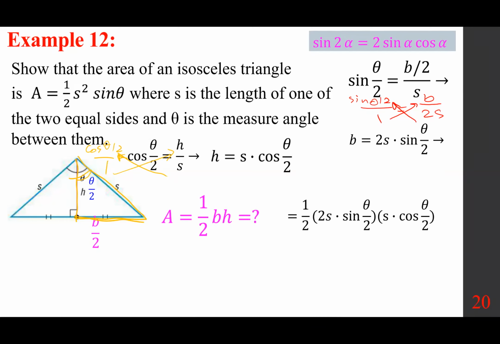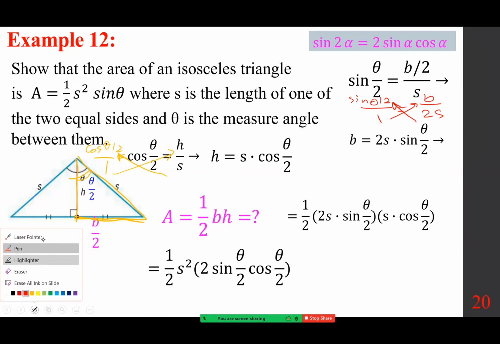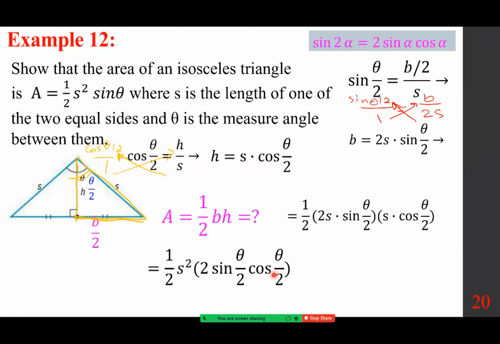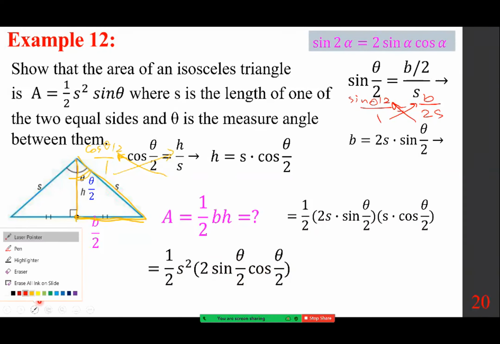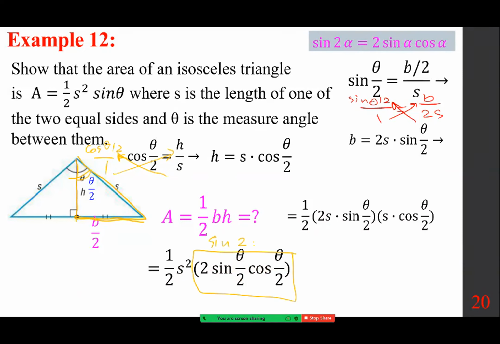And as you can see, we have 1/2 s, and s is s squared, 2 sine theta over 2 cosine theta over 2. And this is a sine of 2 times theta over 2, which makes it sine theta. And believe it or not, this is the proof.